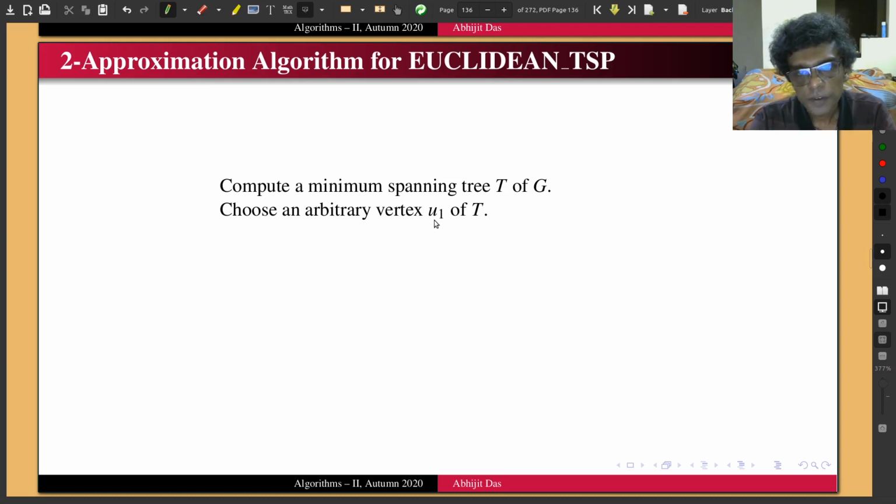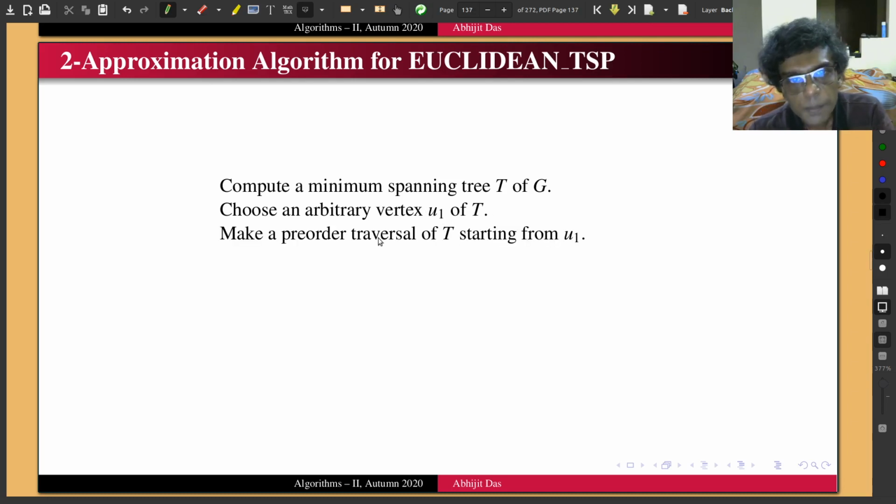Then you make a traversal of T starting from U1. Okay, so make a pre-order traversal. I will explain what is meant by pre-order traversal in an example. But anyway, you make a traversal and visit all the cities starting from U1 and eventually come back to U1.